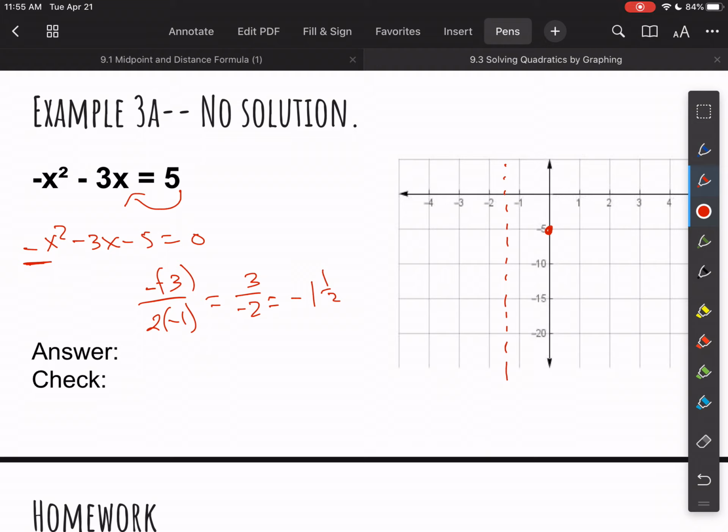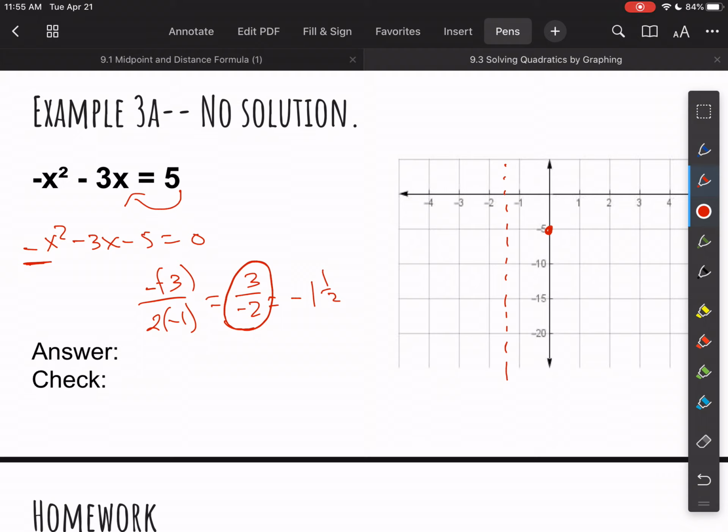Okay, to figure out where the vertex is, I'm going to plug that back in. So let's plug it back in and see what happens. If I plug in negative 1.5 here, it's probably better when you plug it back in to use the fraction. Or you can use the decimals if you want to, just convert it back.